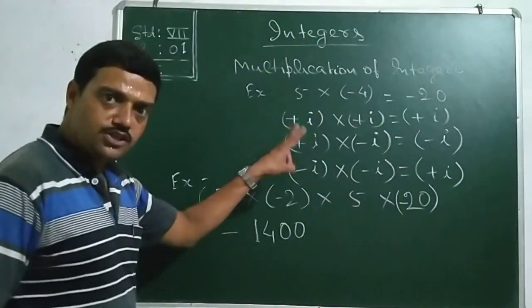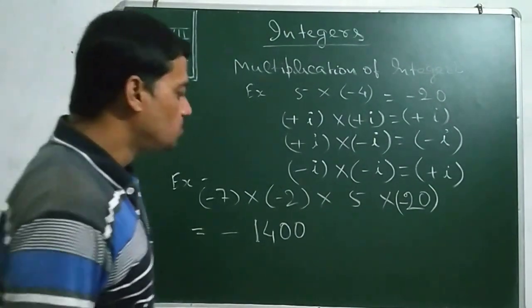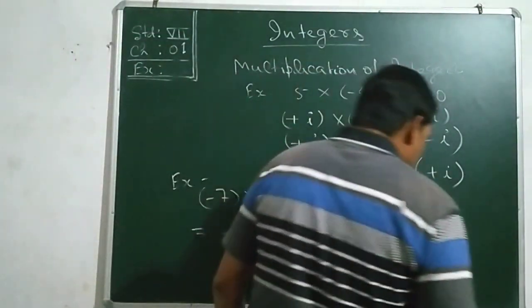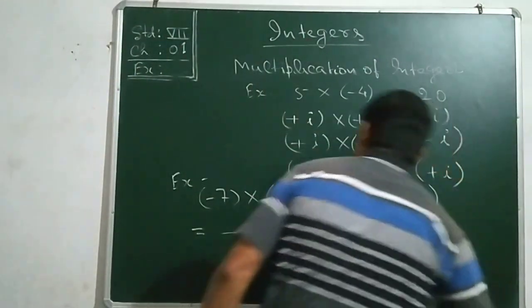The combination of positive and negative integers also I had explained to you, how to multiply them. Now come to the next thing, that is commutativity of integers.